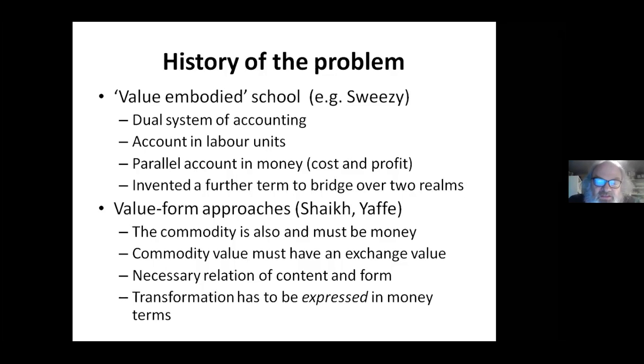So there's a necessary relationship between the content of value and the form of value, hence the notion of value form. So the solution to the transformation problem has to be expressed in money terms. There is not a separate unit of account in hours of labor time. And pretty much that's how things have rested.